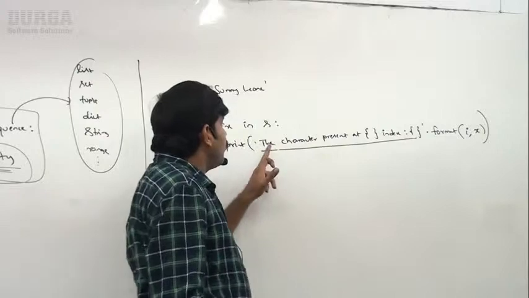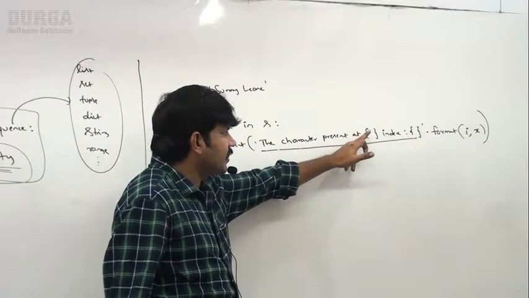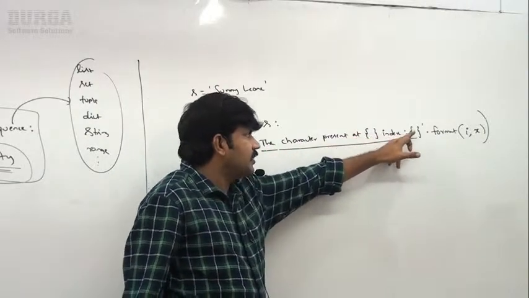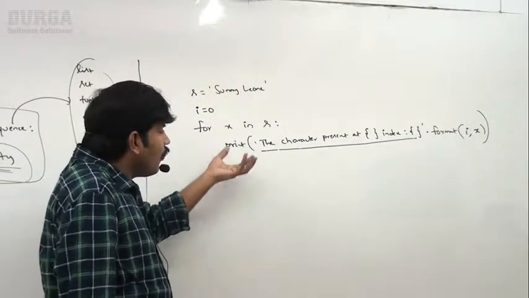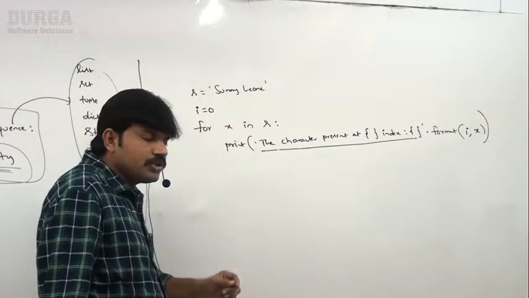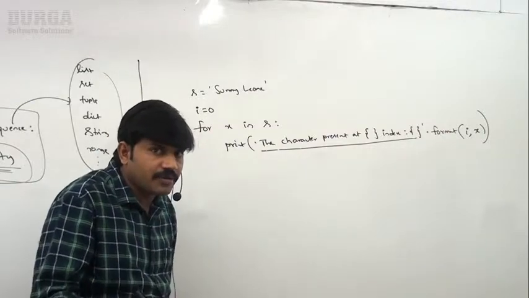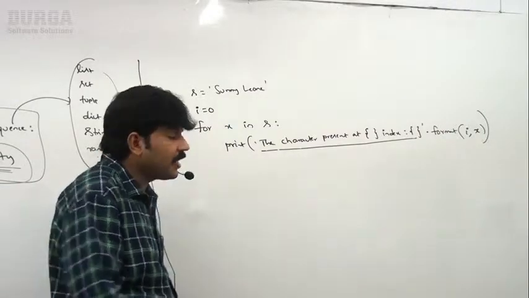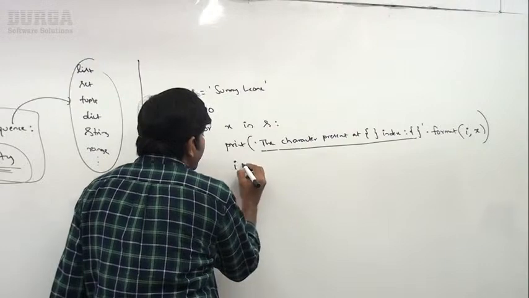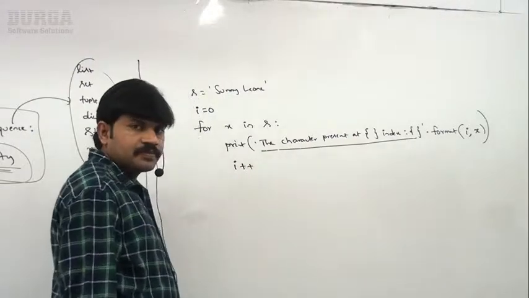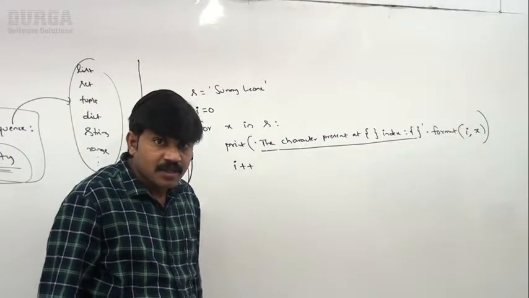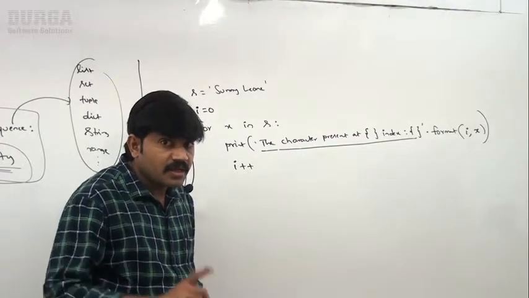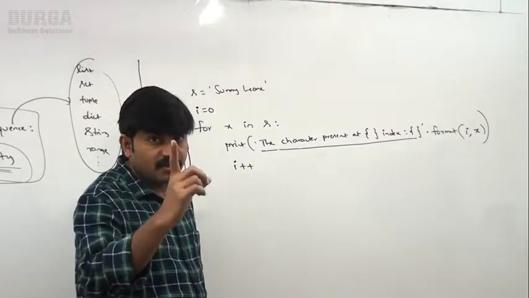So the character present at index zero is the first one. Now after considering i is equal to 0, compulsorily we require the i value to be incremented. Can I take i++ or not? Respond, friends. Increment operator: if you are telling yes, sir, we can take, I will give left and right.